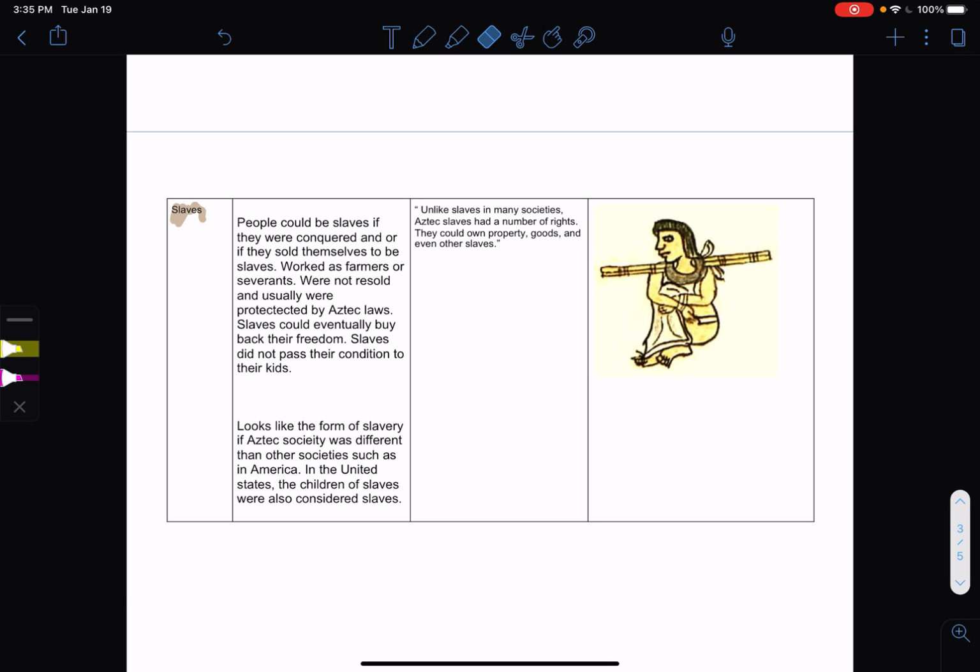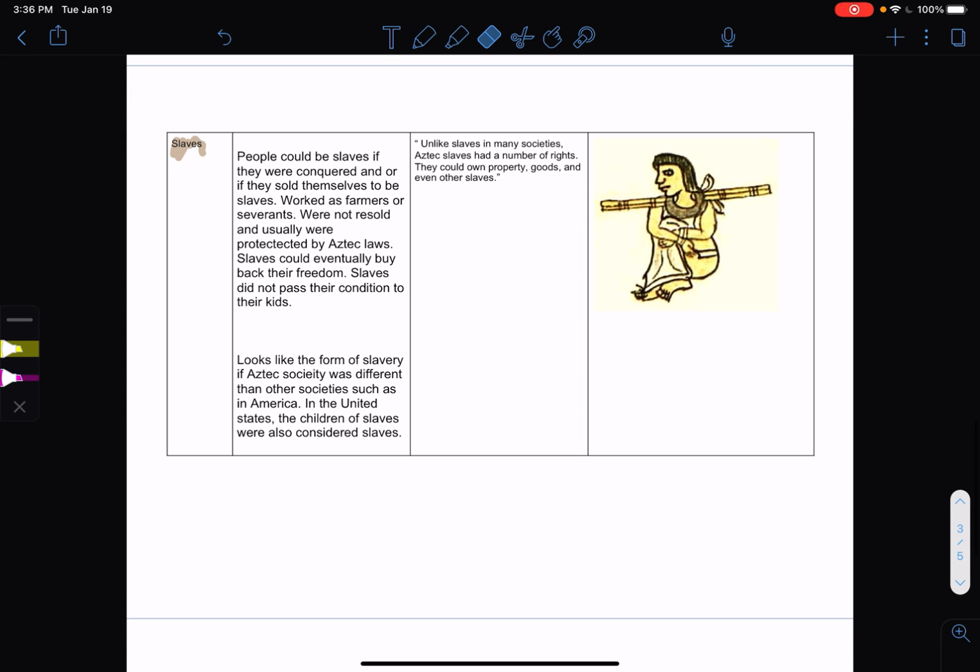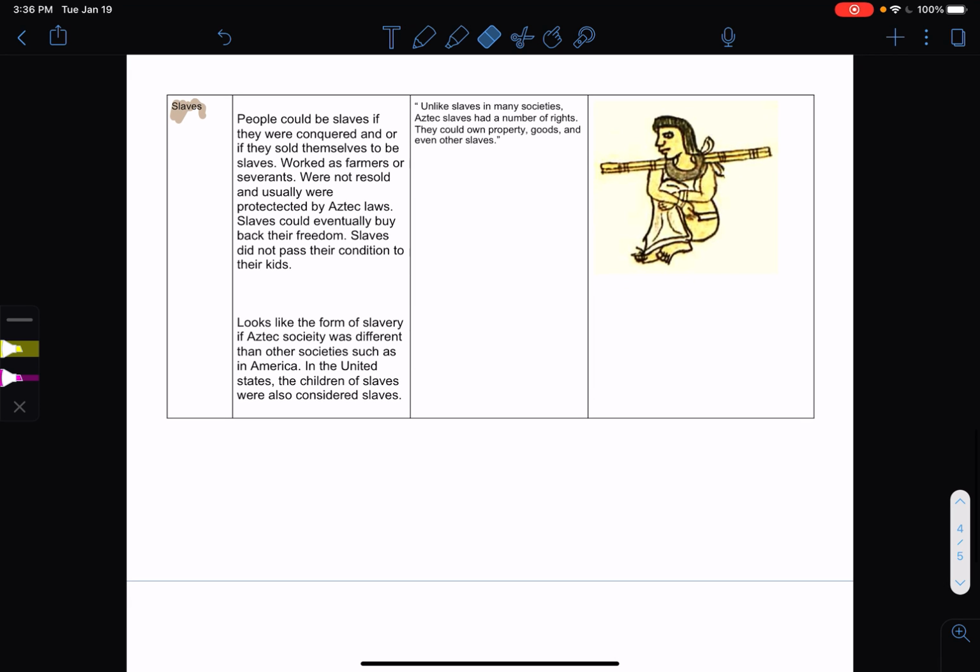They were not resold and usually were protected by Aztec laws. Slaves could eventually buy back their freedom. Slaves did not pass their condition to their kids. So in the United States, when it had slavery, and around the world, if a slave had a kid, that kid would be a slave as well. But in the Aztec civilization, a slave's kids would not be slaves themselves. This is my summary.